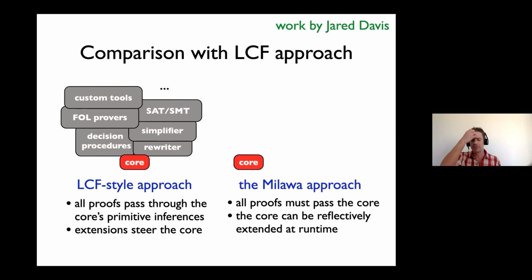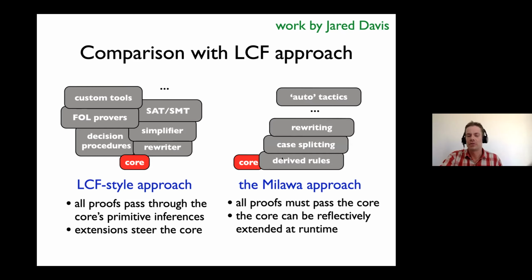So Milawa has a different approach. Milawa starts off with all proofs must pass the core, so a similar core, but the core can be reflectively extended at runtime. And this is the exciting part. So the first thing you do is you define a lot of derived rules, and then you start using them. You use the core to check that they are okay, and then you start using them as if they are the core.